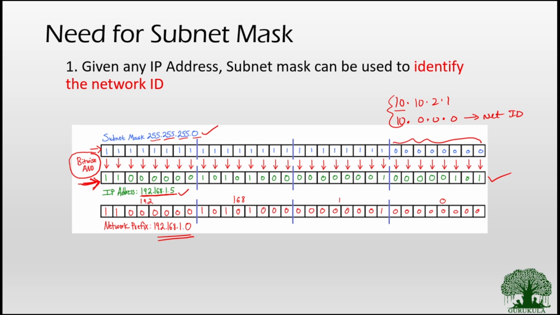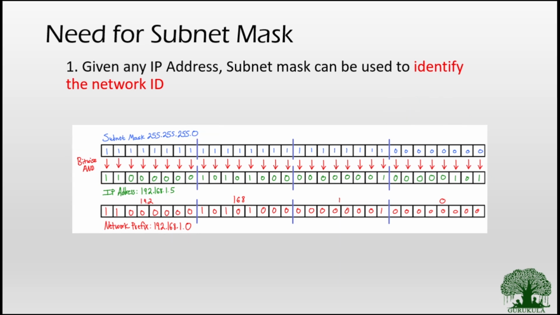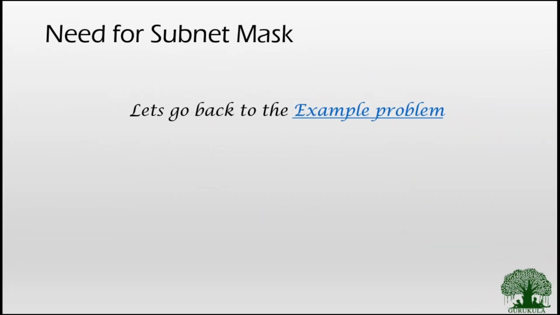That is how you can easily calculate the network address of any given IP address. And remember, there must be information given along with this IP address that if any subnetting is performed, then the number of bits allocated for subnetting should also be given. Only then can the network ID be calculated.